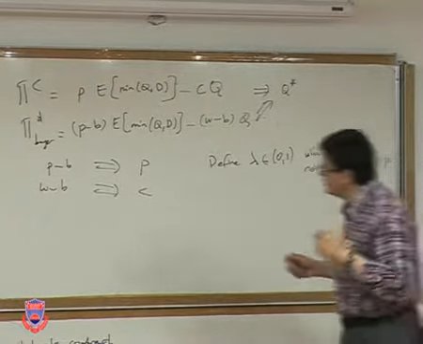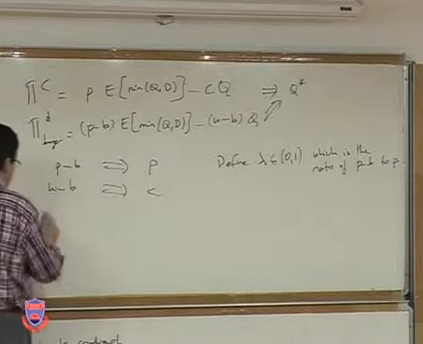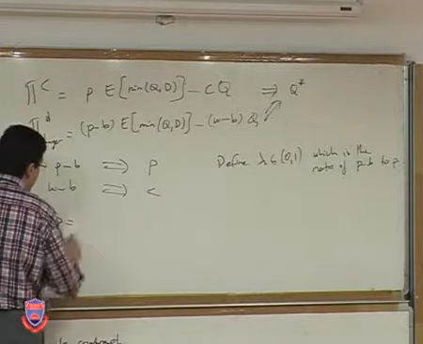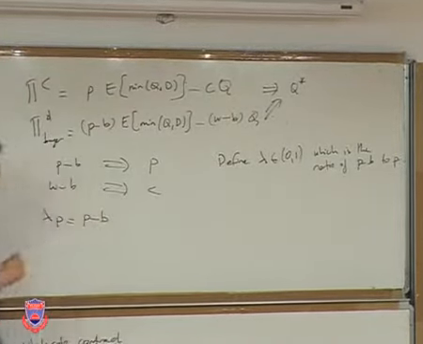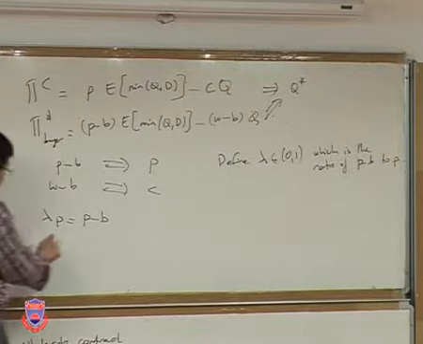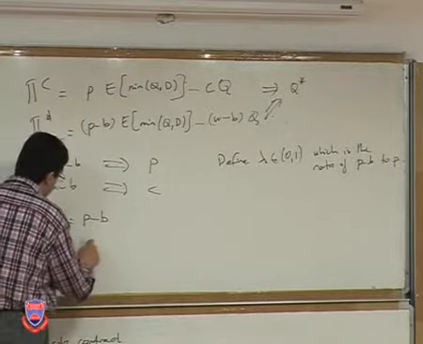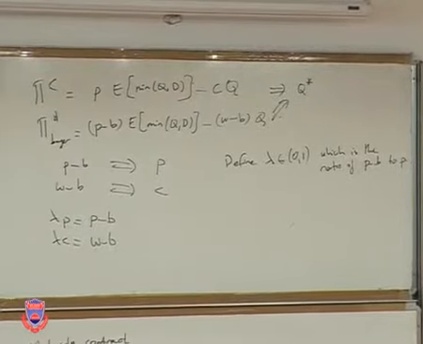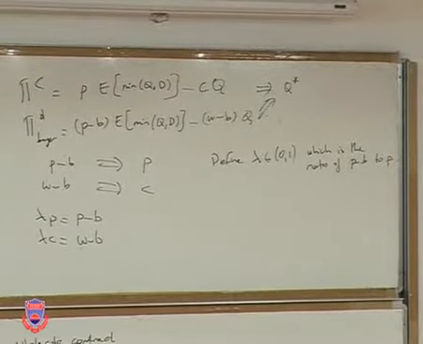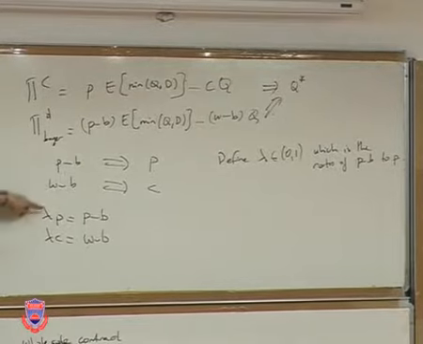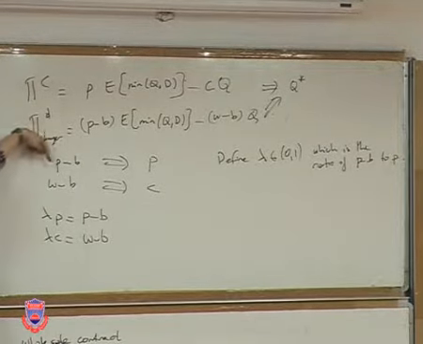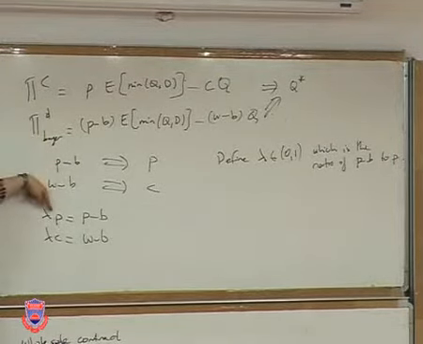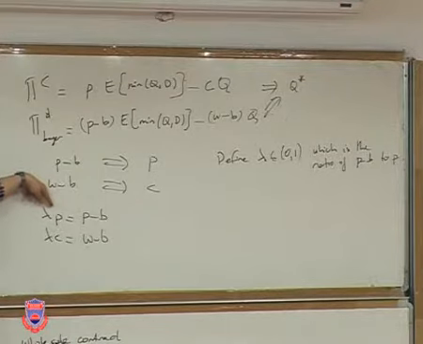Okay? So what does this mean? This means that lambda P is going to be equal to P minus B, and lambda C is going to be equal to W minus B. Okay? So that now, I know that they are going to correspond to each other, but let lambda be the ratio that makes that correspondence.